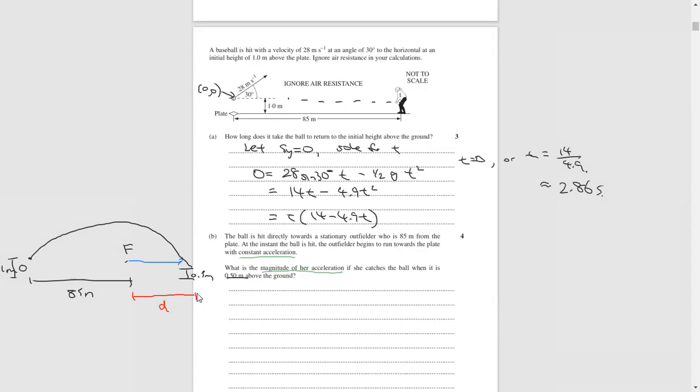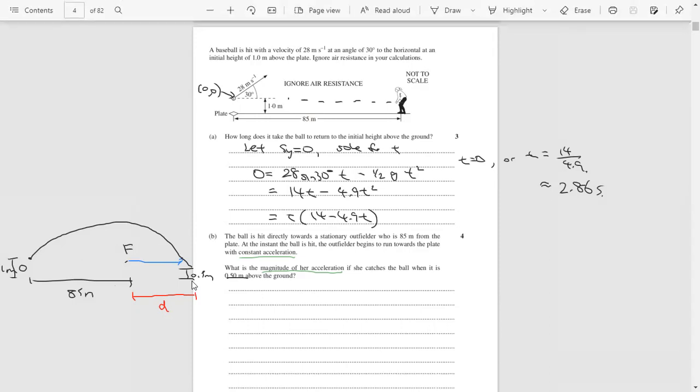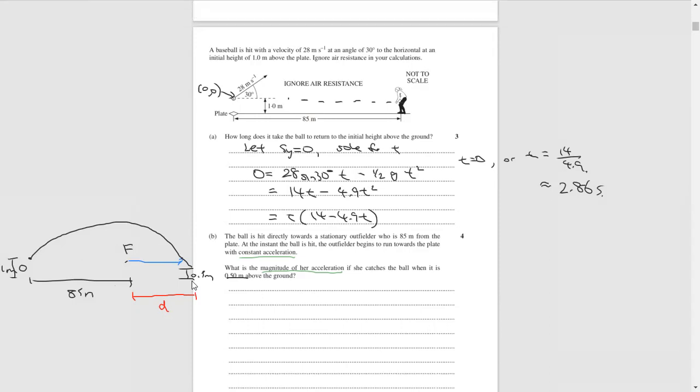So what we could do is work out what d is. And we can work that out because we can work out the range of the ball when it's 0.5 below. Now notice it starts at 1 meter high and it goes to 0.5. So we can't really use this time. We know it's more than 2.86 seconds, but we need to work that out.